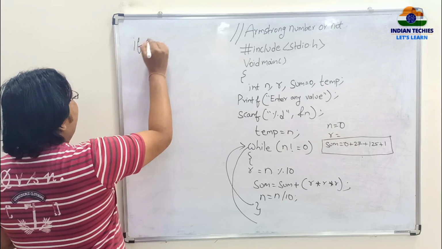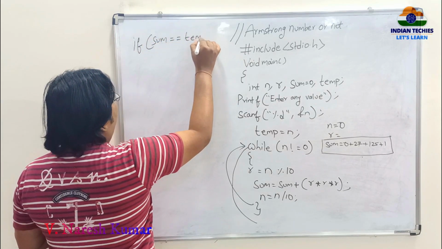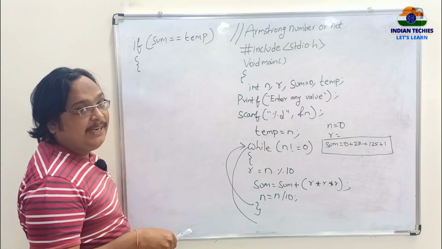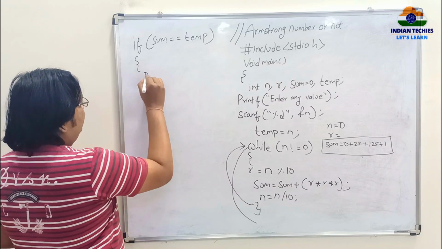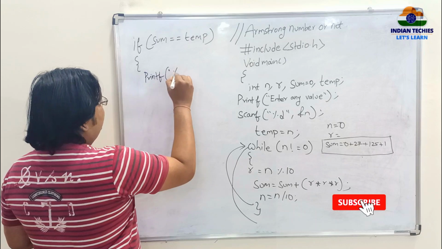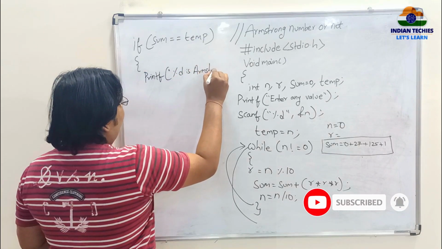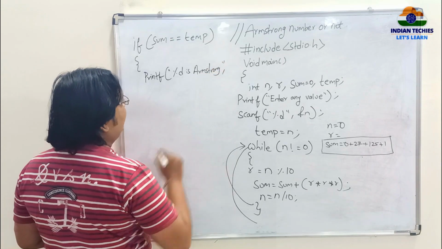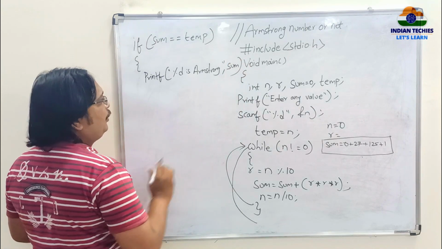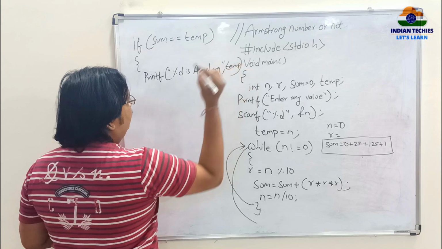That is, if your calculated sum is equal to temp, where temp is your given number and sum is your calculated value, and if both are same, then printf("%d is Armstrong"). Who is this %d? That is temp, so write temp.